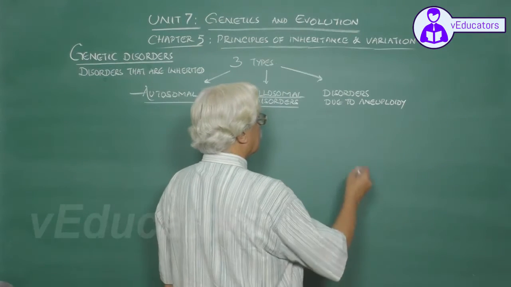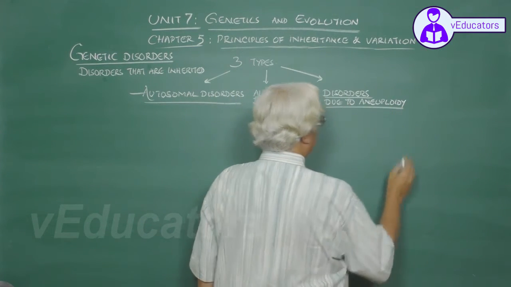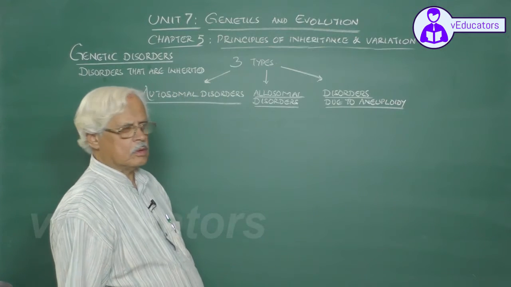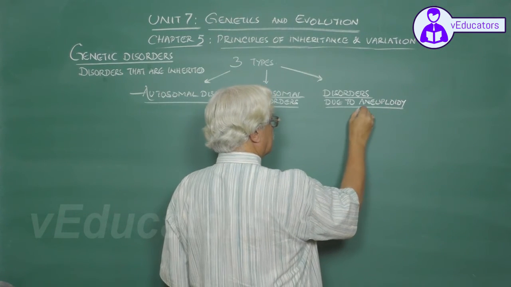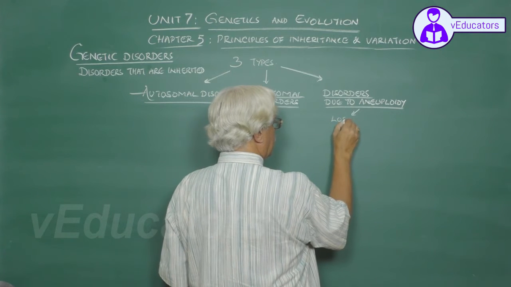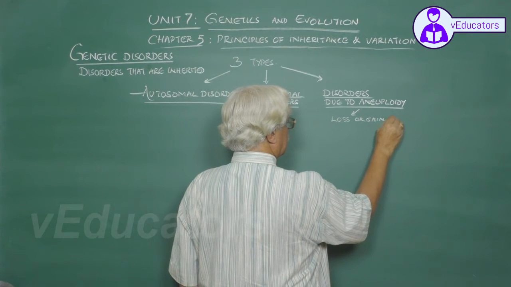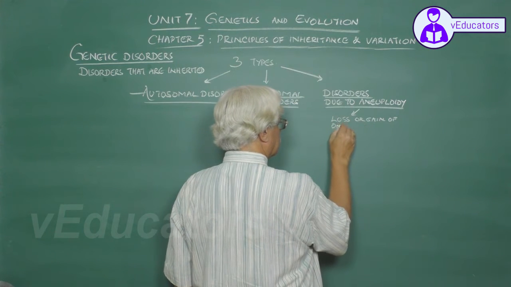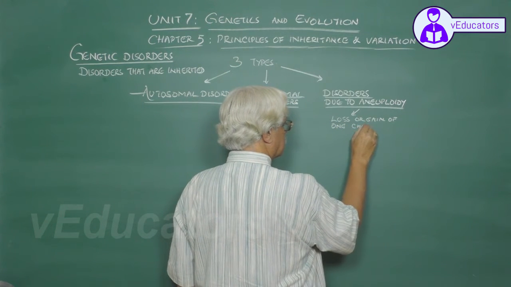Moving on to disorders due to aneuploidy. In aneuploidy, we have seen there is loss or gain of one chromosome, or sometimes more than one chromosome.